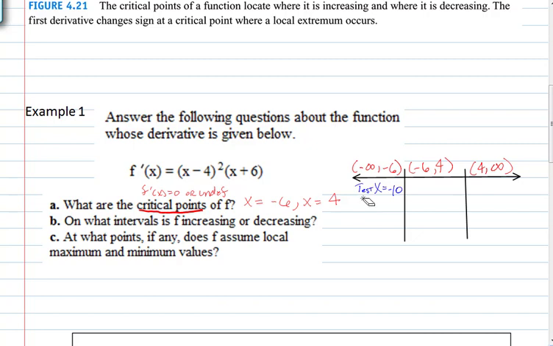Yeah. To check the sign of the derivative. If x is equal to negative 10, this first factor is going to be positive because it's squared. The second factor is going to be negative because negative 10 plus 6 is negative. And so the entire value of the derivative here is going to be negative. This is the sign of the derivative.